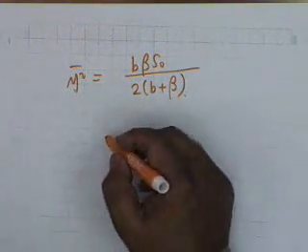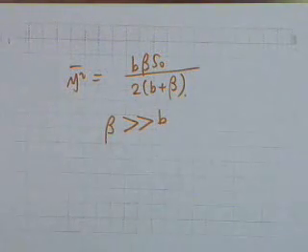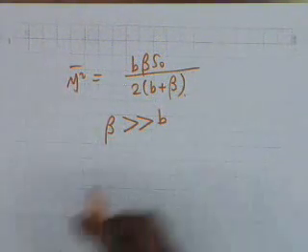And you see that if beta is much greater than b, then what is the input noise process? It approximates white noise.